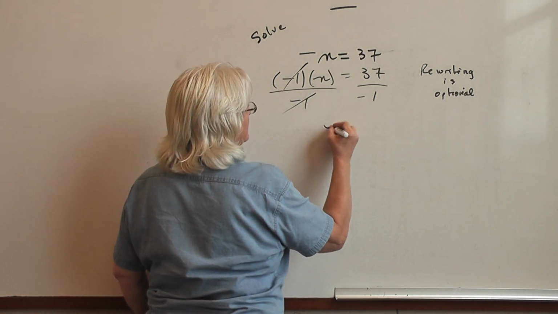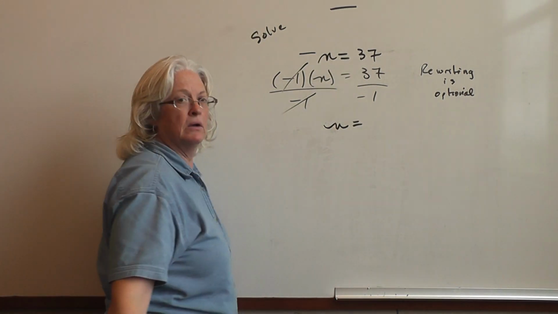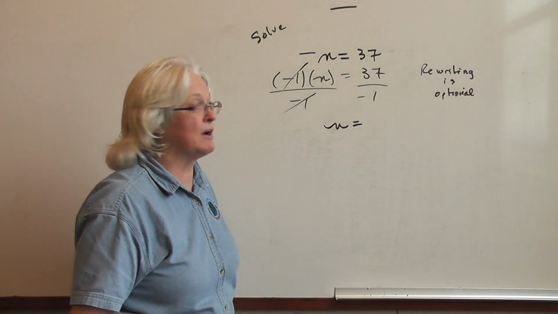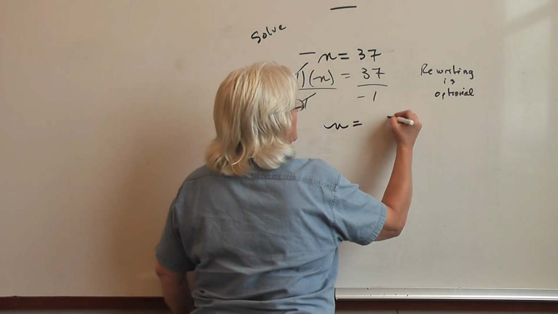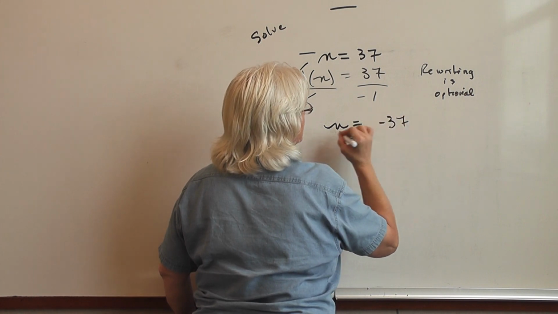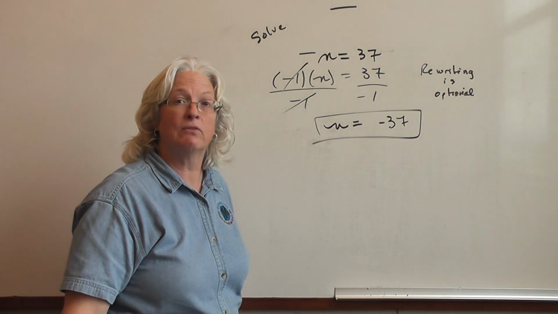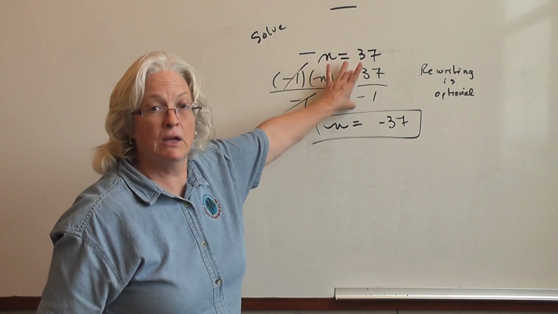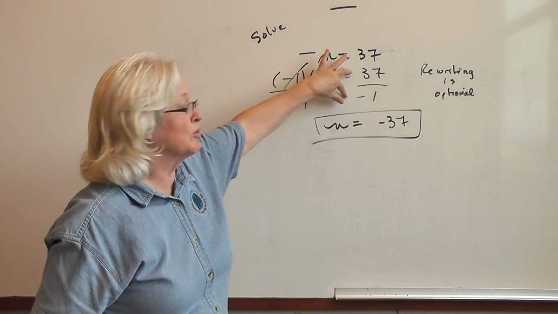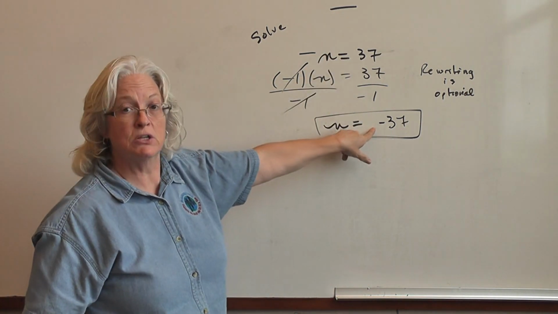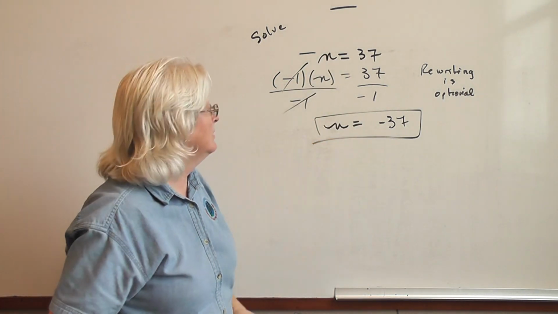We have n is equal to, well, obviously 37 divided by 1 is 37. And it's going to be -37, because if you have a dividend and a divisor with different signs, the quotient is always negative.